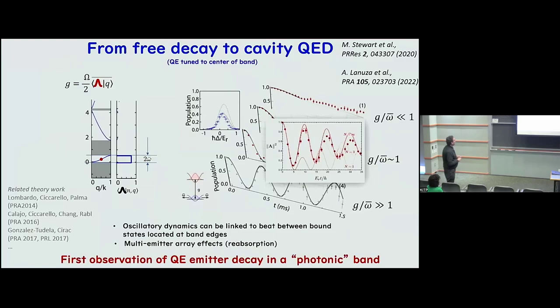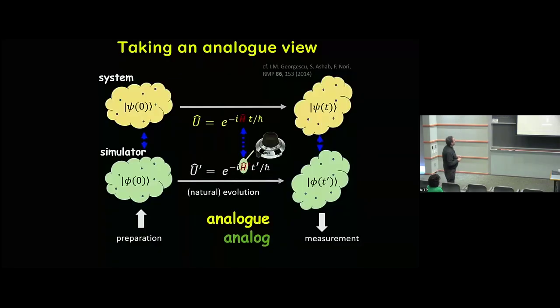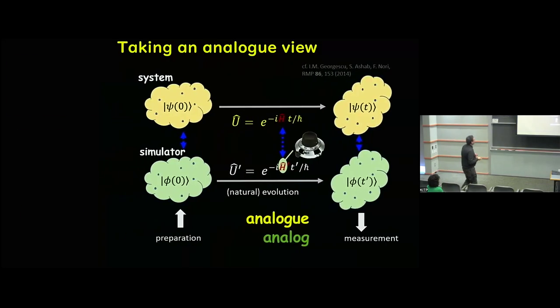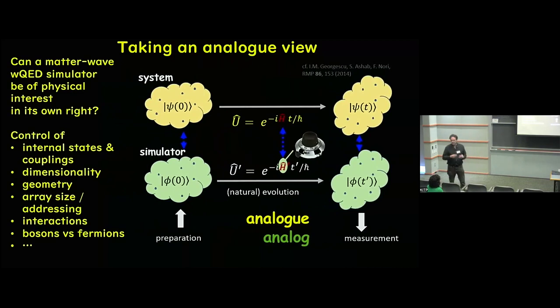Okay, so with this, I'm basically at the end. The question is always, if you do a simulation of something, can this be of interest on its own, or is it just a slave to the system that you want to study? I want to claim that there are some things that are very unique to what we can do.